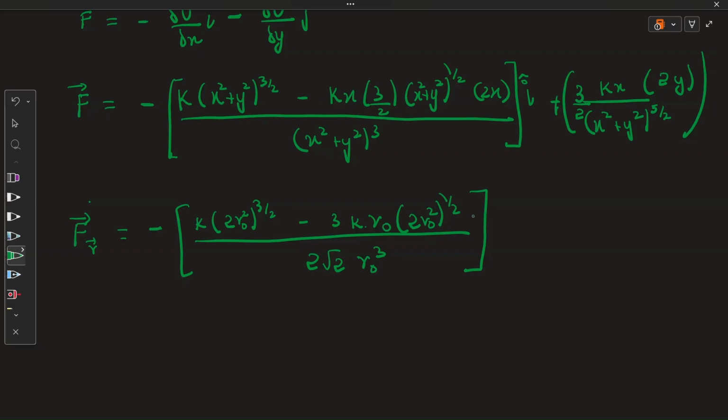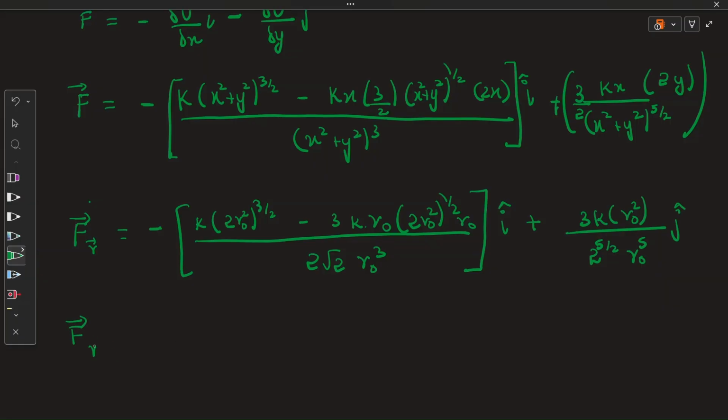The x here would be replaced again by r₀. This is the i cap component, plus 3k r₀² divided by 2^(5/2) into r₀⁵, the j component.